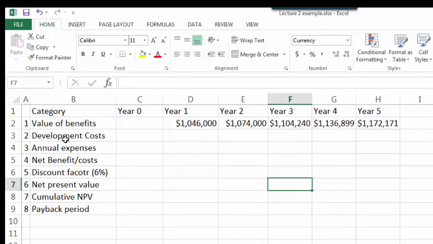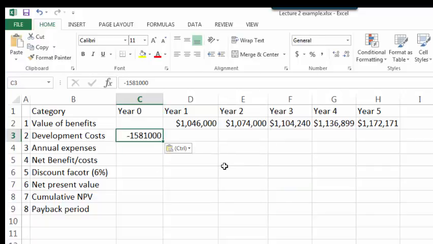The second category is the development cost. You also need to calculate it before you prepare this table. In our example, we have the development cost as this one, in year 0, the development year. After this software system has been fully developed and deployed to the market, it has the running cost, the annual expense.